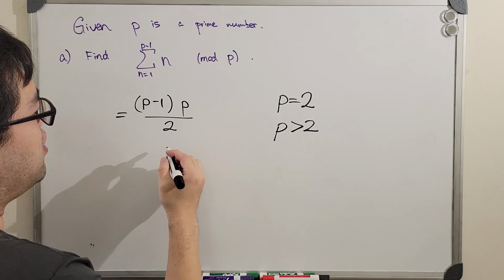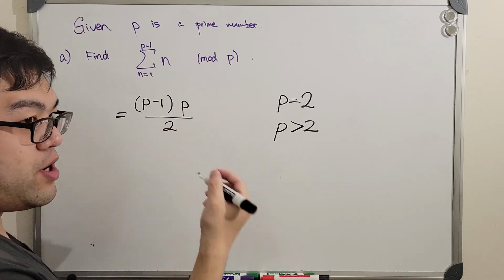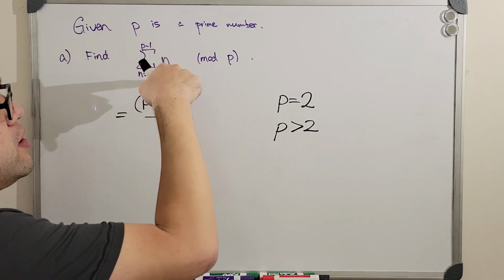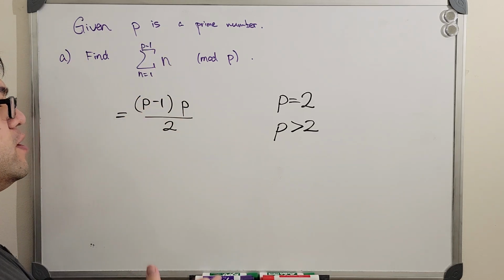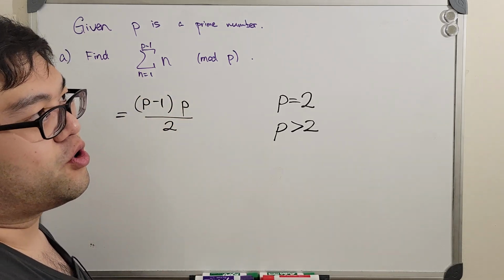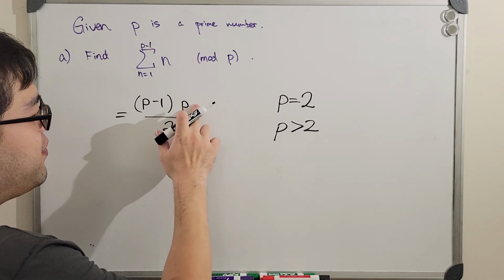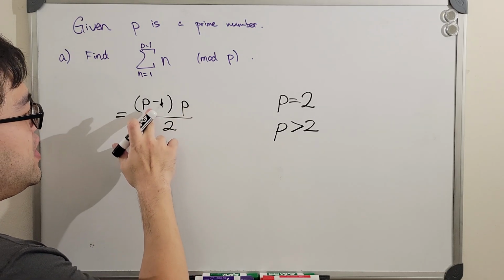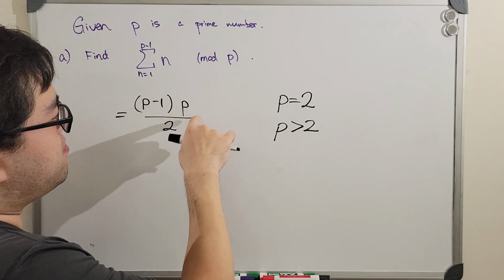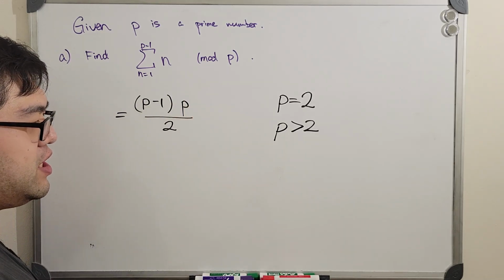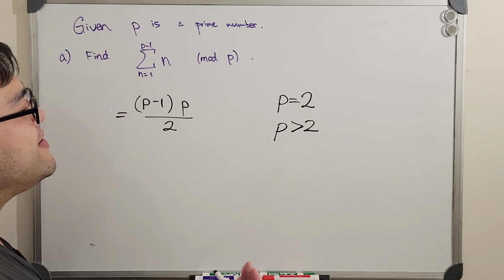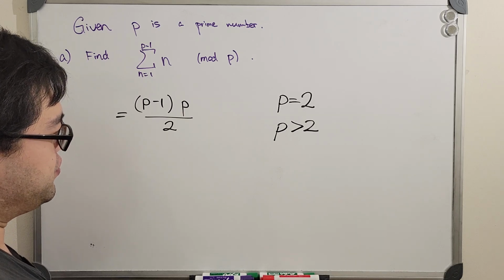In this case, of course, p as a prime number cannot be divided by 2, and we know that from the original formula. This fraction here is in fact an integer or natural number, meaning that if p cannot be divided by 2, p minus 1 over 2 itself must be an integer, so that multiplied with the prime p, we will still be able to get the integer back. Or in other words, p minus 1 is a multiple of 2.